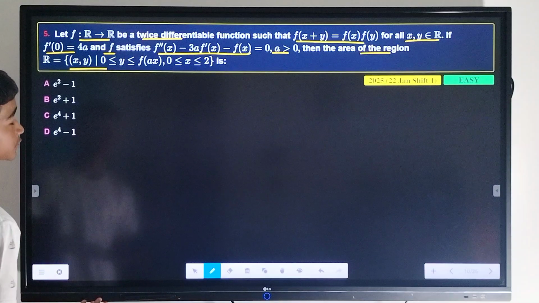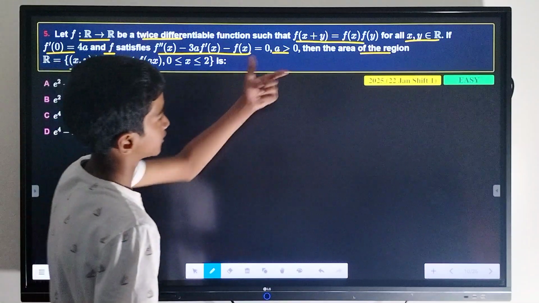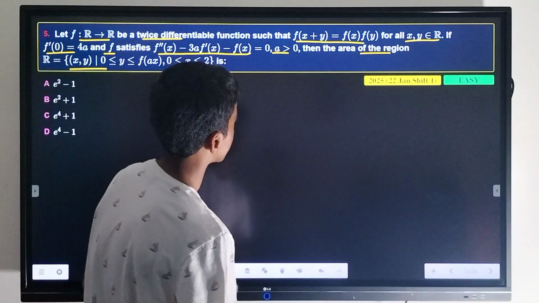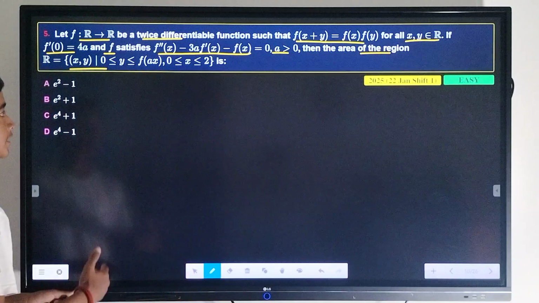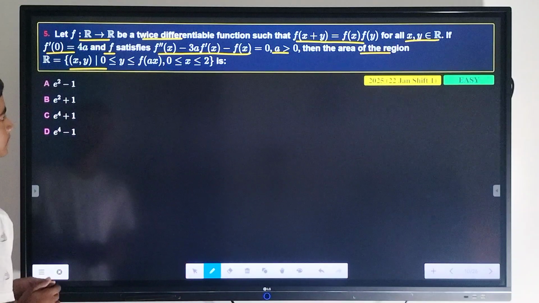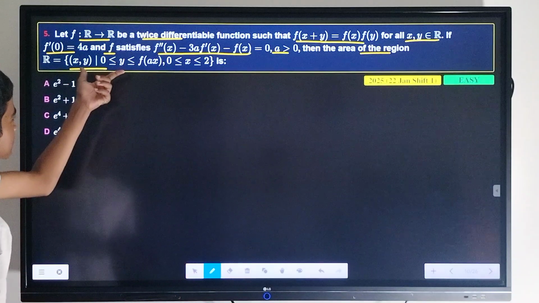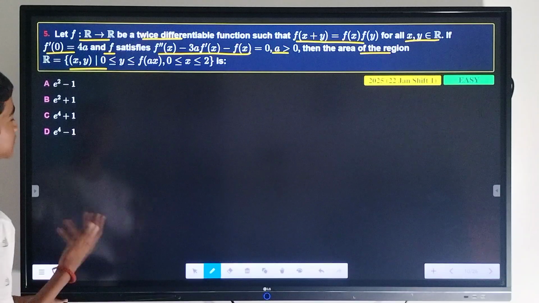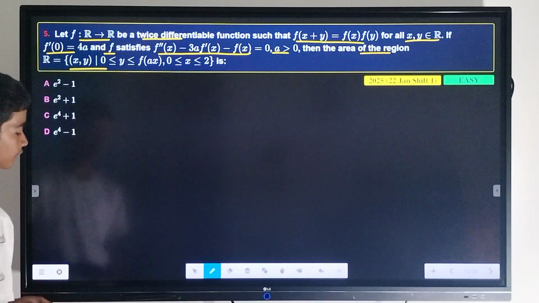Now here in this question, we have given a functional equation and a result. So from here we can find f of x. Then from the second part we can easily find the area of the region.